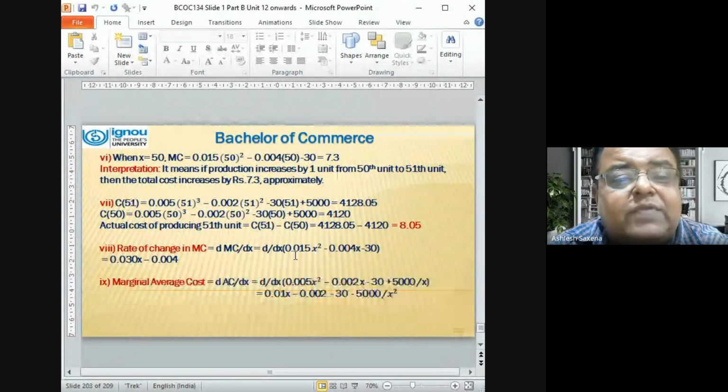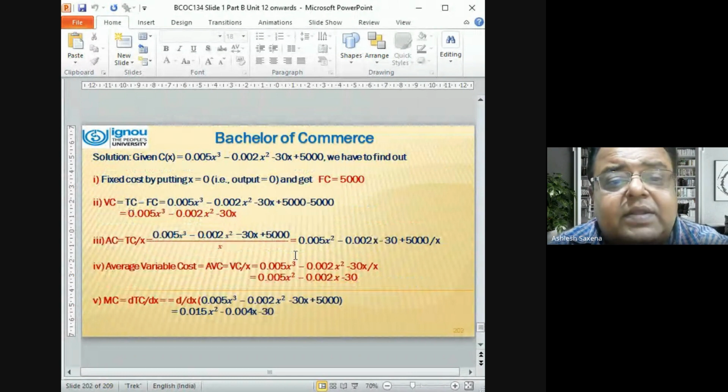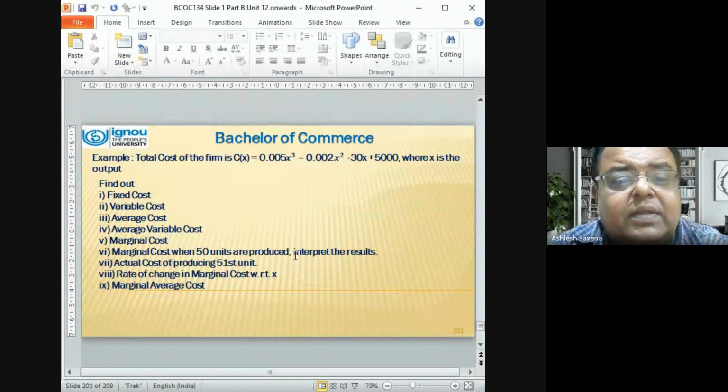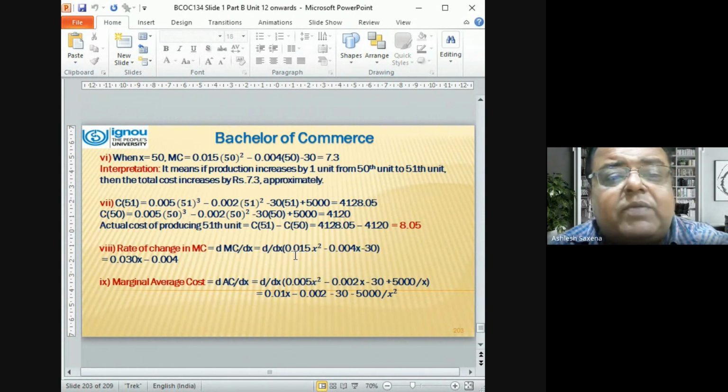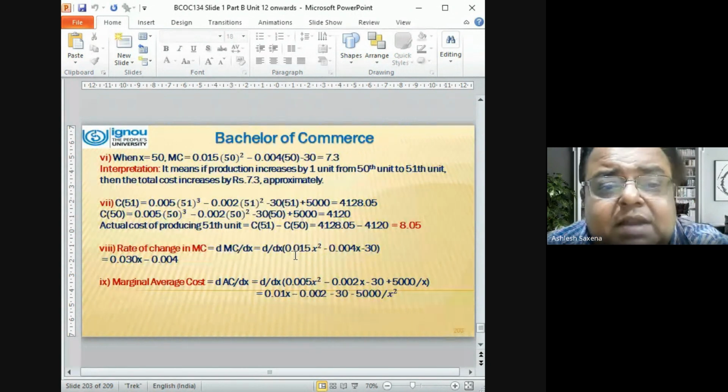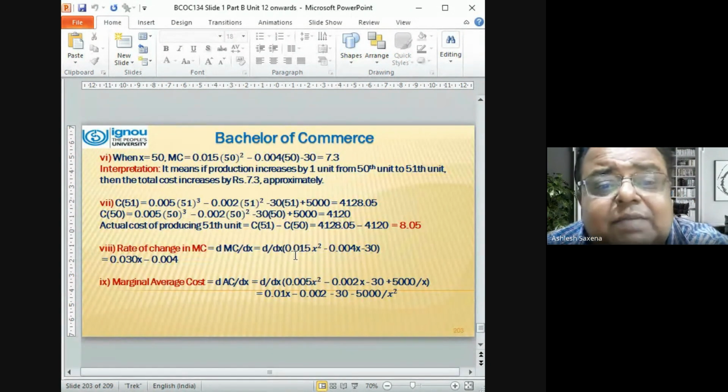When x is equal to 50, that has been calculated from here. Marginal cost when x is equal to 50 units are produced, interpret the result. When we calculate marginal cost at 50, we get 7.3.